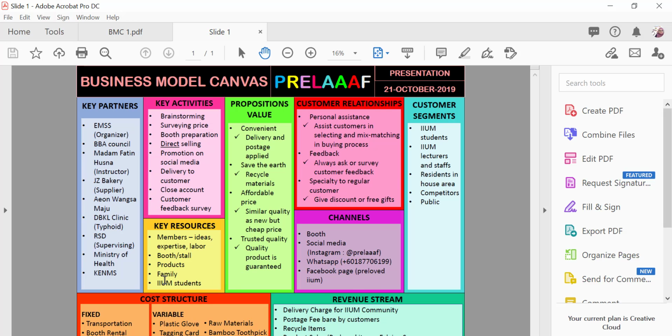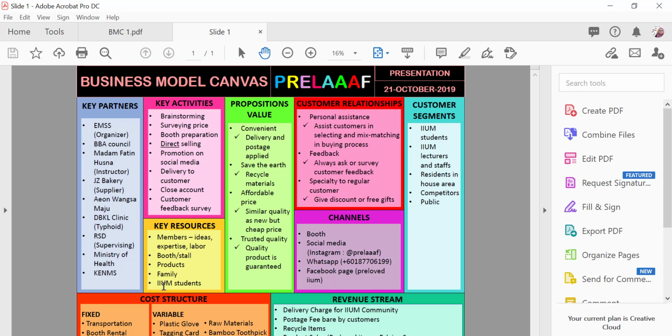The family can be here, if you have family that helps you, maybe in terms of money, business idea, or business operation. Maybe your mom helps you to send your product to the customer, so it can be under key resources.